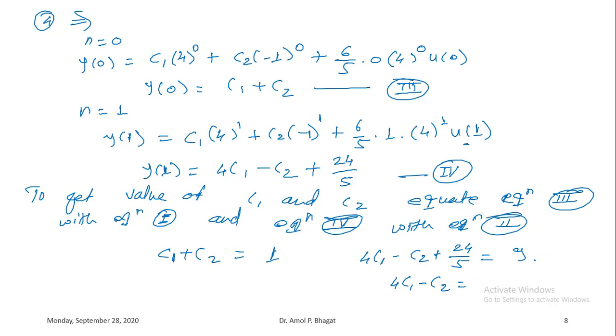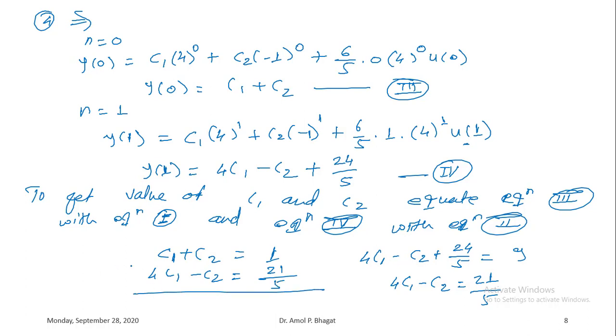Performing this subtraction, 9 minus 24 by 5, I get 21 by 5. So this is the second equation, 4c1 minus c2 is equal to 21 by 5.